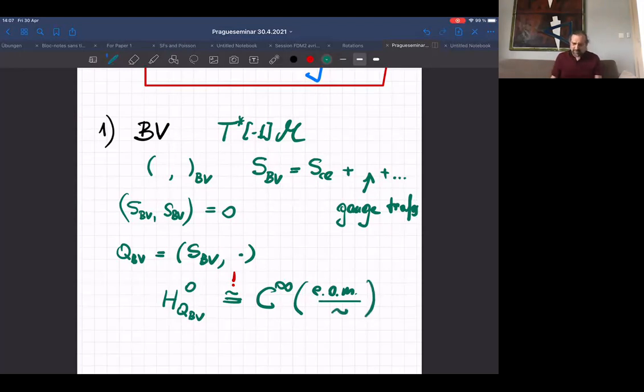It's one of the requirements, and this equation is called the master equation. Since the classical action is of degree 0, S_BV has degree 0, and since we shifted by -1, the symplectic form has degree -1, then the BV bracket has degree +1, so that this Q_BV has degree +1.